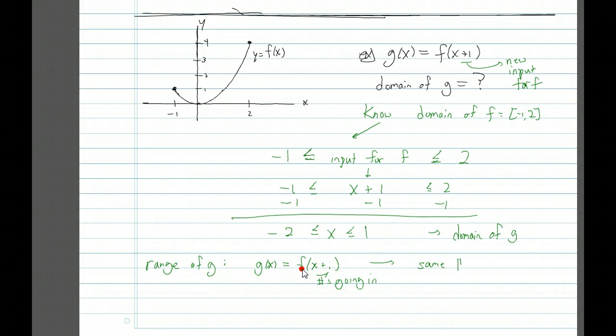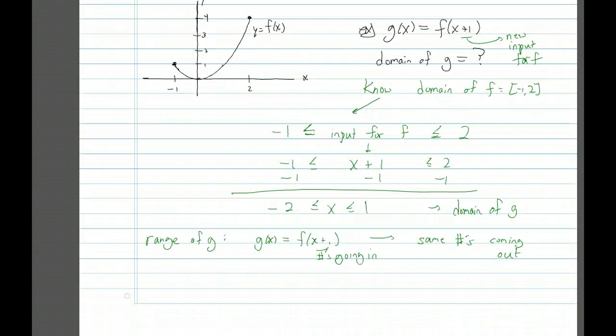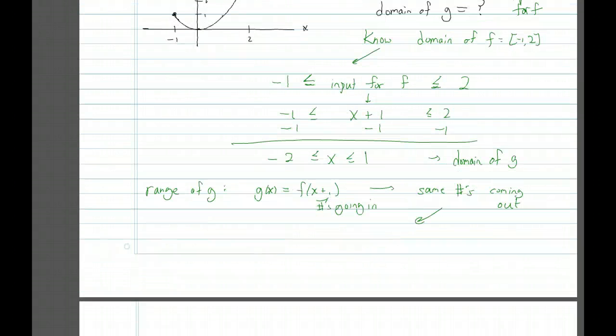So the range is going to be the same, while the domain is affected. I'll write that range out: it's the interval [0, 4].